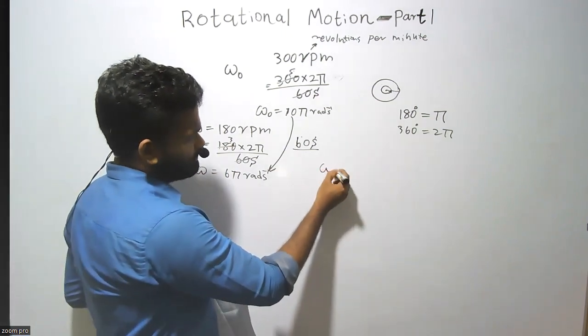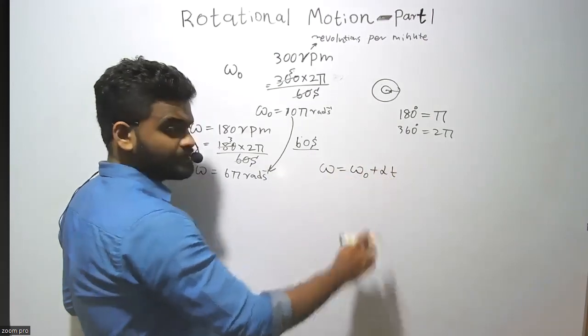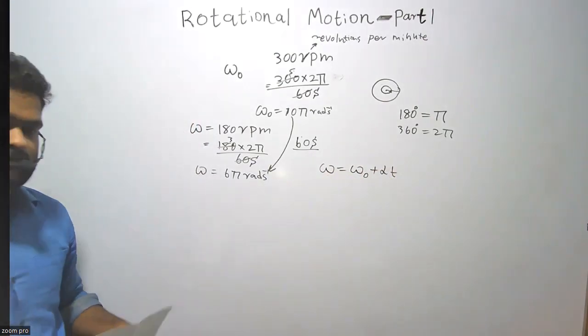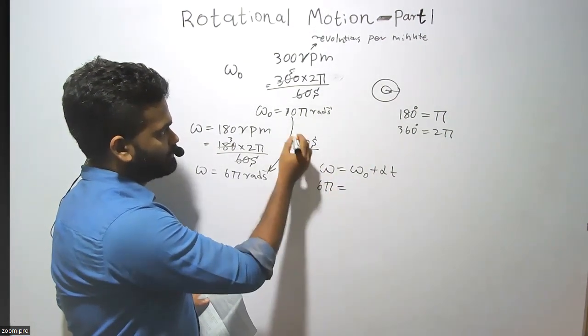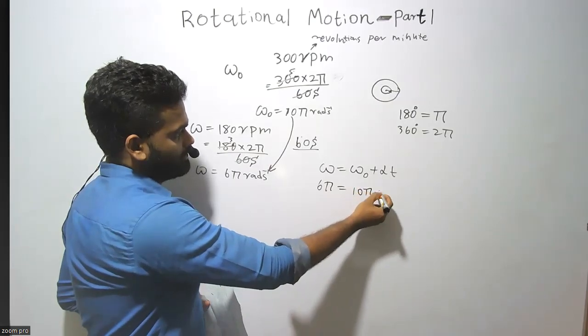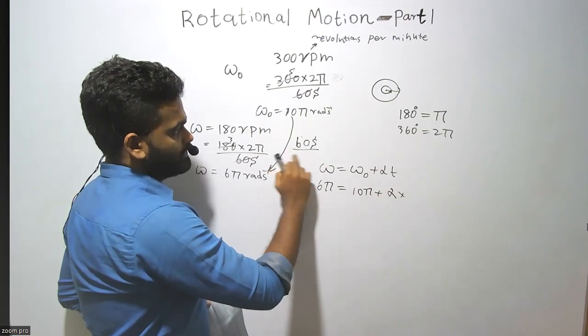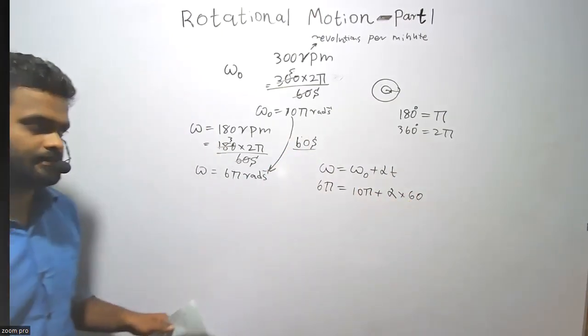We need to find that deceleration. So to find linear deceleration, we just apply v equals u plus at. Here you apply the similar equation. So the final velocity is 6 pi. Initial velocity is 10 pi plus angular acceleration times the time it took, which is 60 seconds.